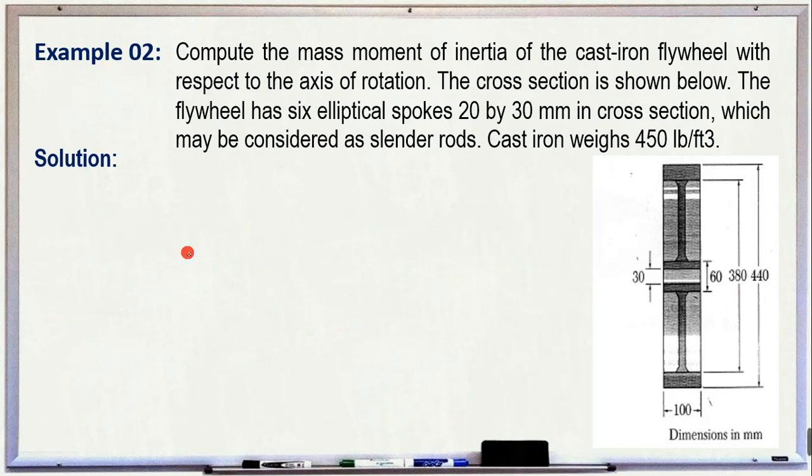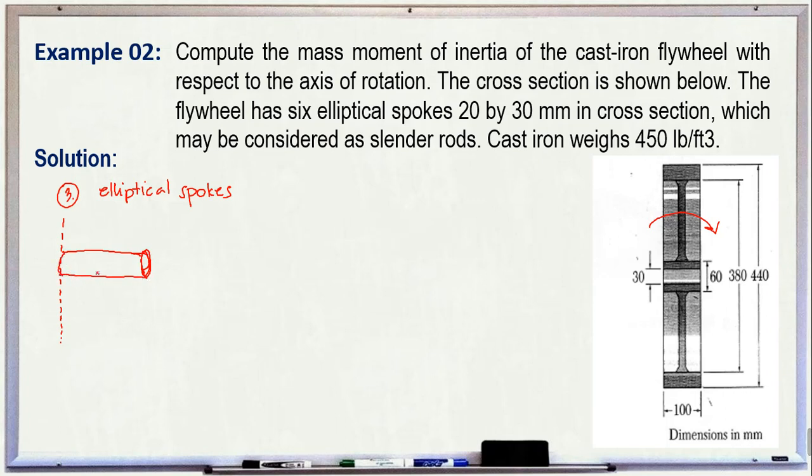Let's have the last one, number 3, for the elliptical spokes. If we turn the flywheel horizontally, this is what happens: the axis of inertia is like this, and these are our spokes. We consider just a single spoke.